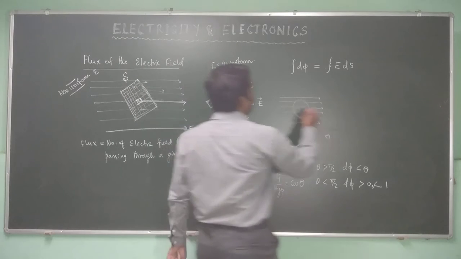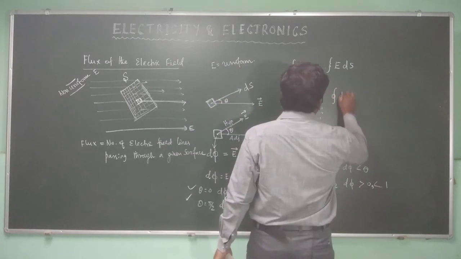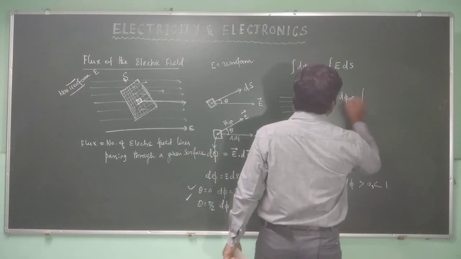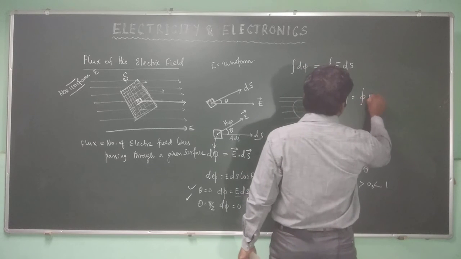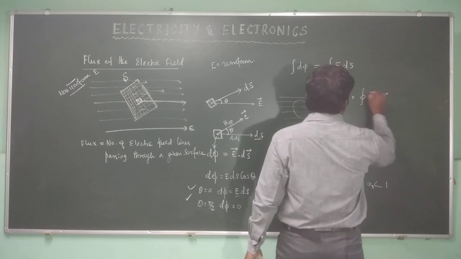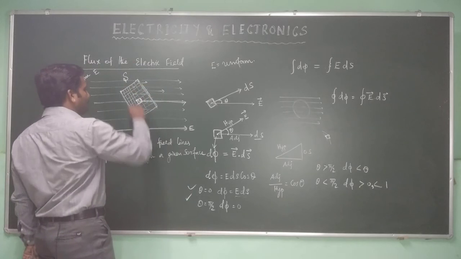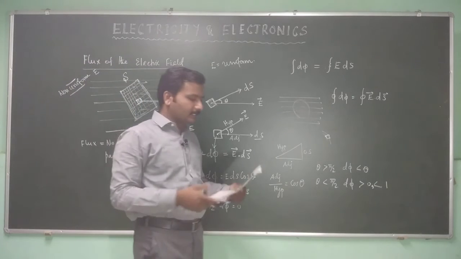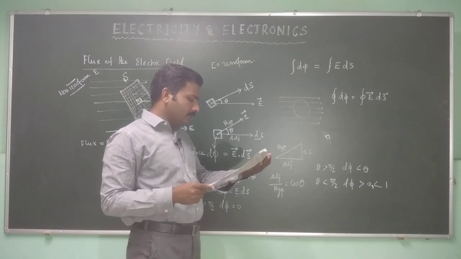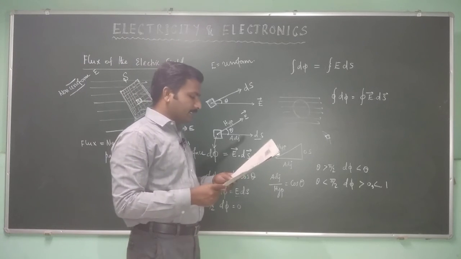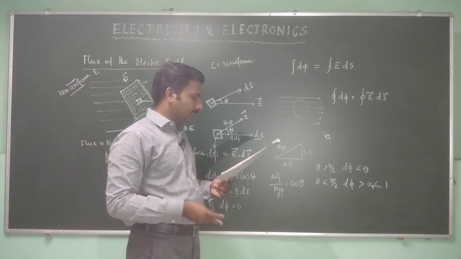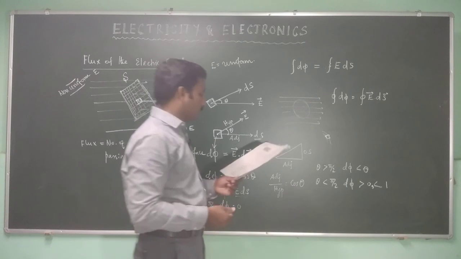In that case, you have to write the closed integral. When you consider a sphere in the place of a plane, you have to put a closed integral. The circle represents the closed integral. Right?